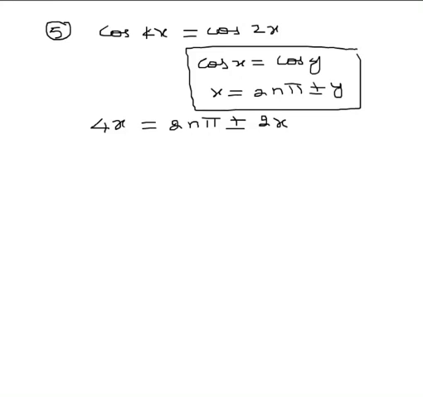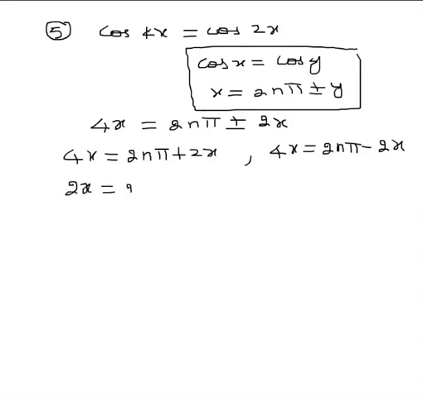But I have to solve for x. I cannot have x on the right hand side as well as on the left hand side. I have two equations to solve. One is 4x is equal to 2n pi plus 2x and the other equation is 4x is equal to 2n pi minus 2x. Let us find x from this. 2x is 2n pi by taking 2x to this side.